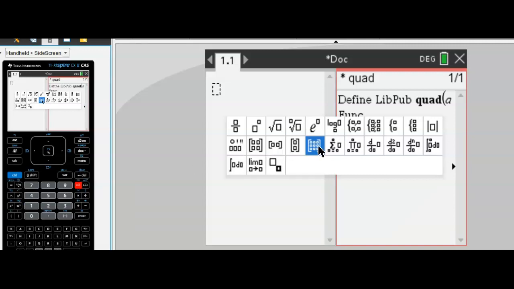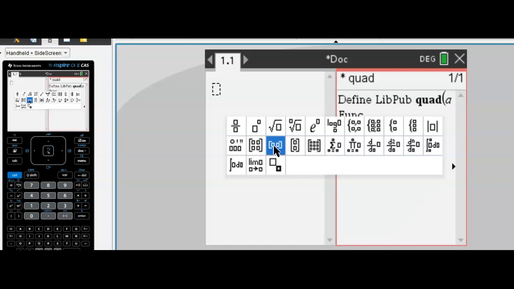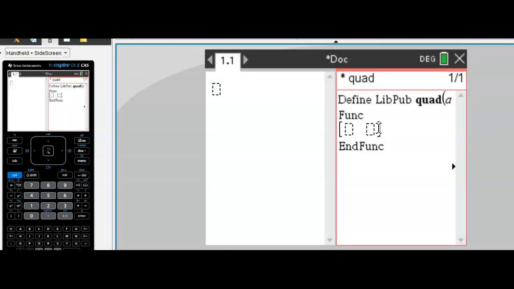Here we have a library of different things that you might need when you do matrices. You don't do matrices really in year 10, but you will in VCE. But we're just going to do a 1 by 2 there. So we've got two solutions, and each one represents a solution to the quadratic formula.